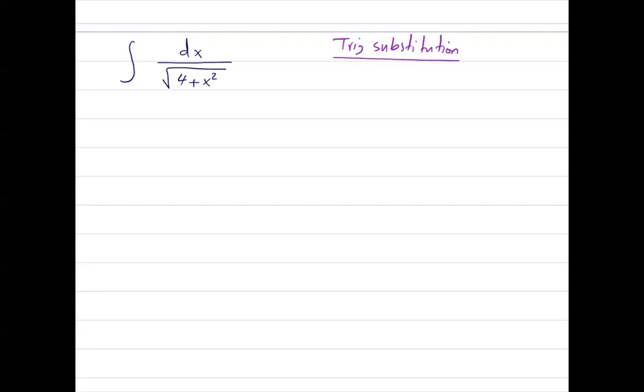So in trig substitution, what are we going to do? Since you have 4 plus x squared in the denominator, let us use x equals 2 tangent of theta. Why is that? Because if I substitute 2 tangent theta, I have 4 plus 4 tangent squared of theta.